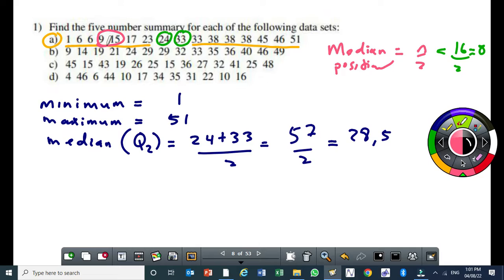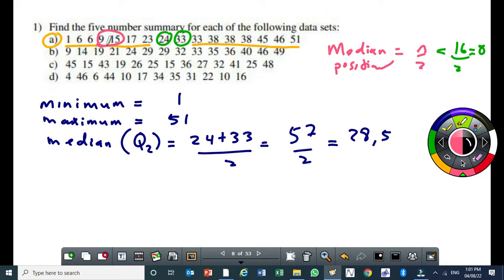So out of those 8, we need to find the median of those 8 values. That median will be our lower quartile. Since there are 8, you count from 1 up to 24. It means if I want to find the median, I have to locate the 4th value and the 5th value. Then I have to add the 2 and divide by 2 to get the lower quartile.